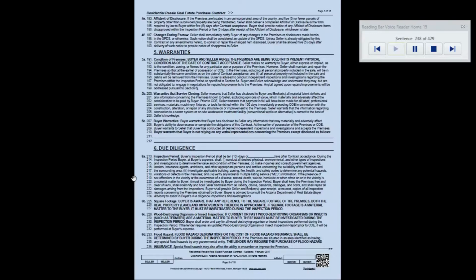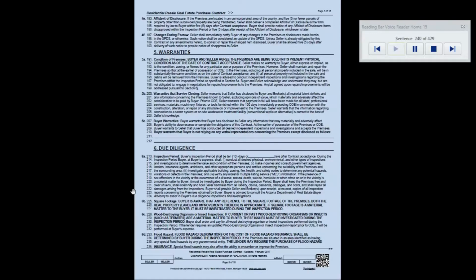If the presence of sex offenders in the vicinity or the occurrence of a disease, natural death, suicide, homicide or other crime on or in the vicinity is a material matter to the buyer, it must be investigated by the buyer during the inspection period. Buyer shall keep the premises free and clear of liens, shall indemnify and hold seller harmless from all liability, claims, demands, damages, and costs, and shall repair all damages arising from the inspections.